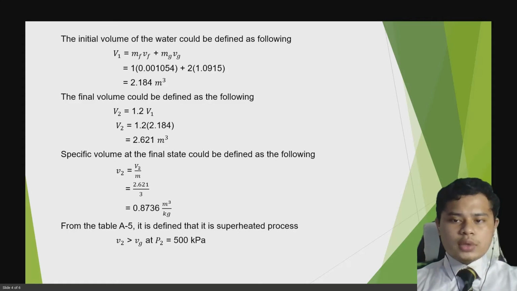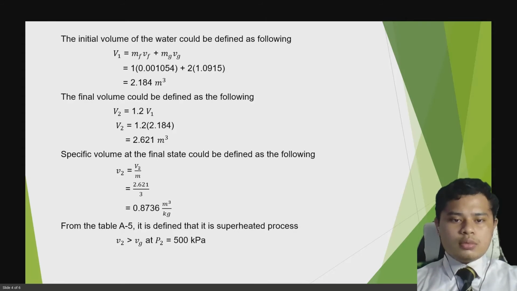After we get the two values, we can find the initial volume of the water. The initial volume is equal to the mass at liquid phase times the specific volume at liquid phase, plus the mass at vapor phase times the specific volume at vapor phase.